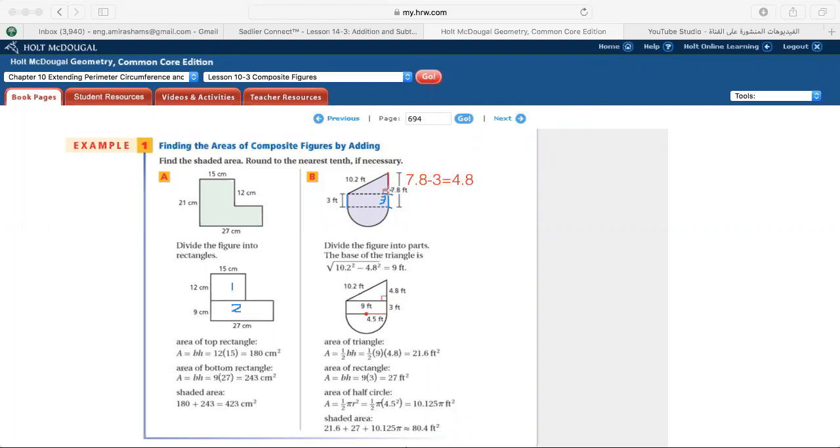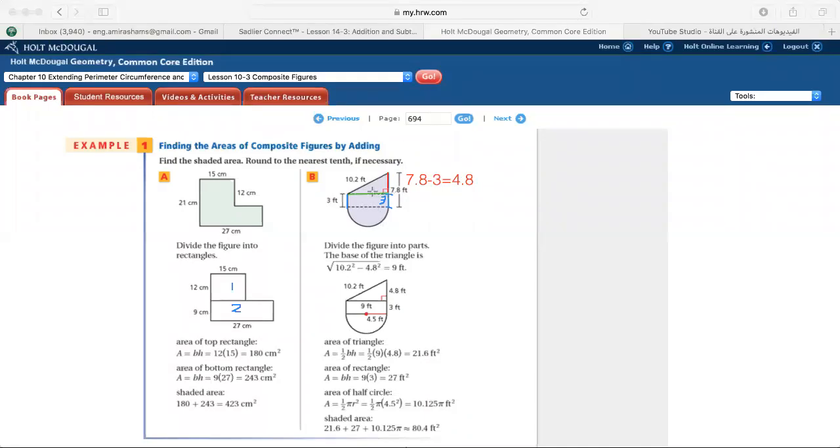So I know the 4.8 and I know the hypotenuse. 4.8 is the height. I want to know this part, the green one here, because if I know the green one, I can easily get the area of the triangle, the rectangle, and the circle also.